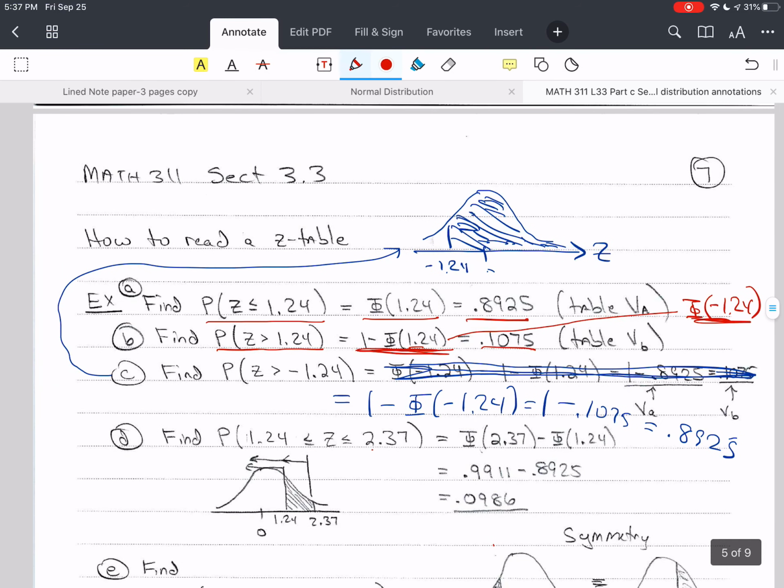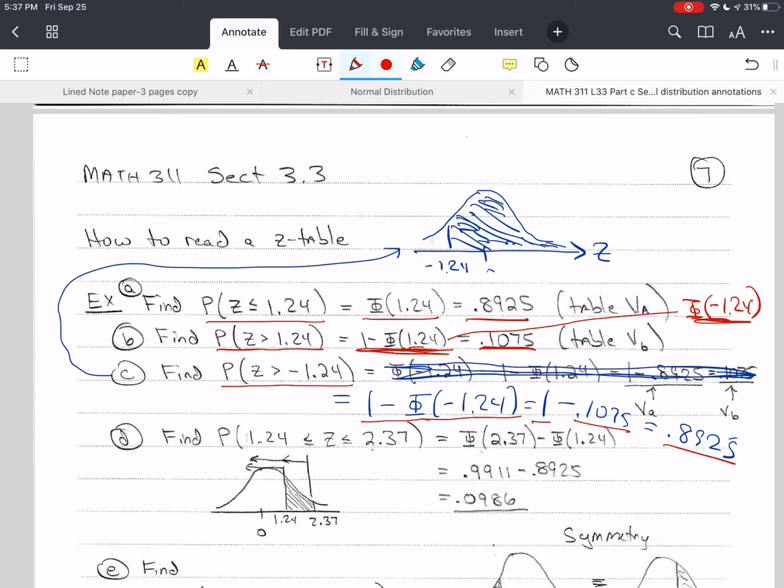0.1075. And then I made a mistake here, so I want to find the probability that z is greater than negative 1.24. I can write that as 1 minus phi of negative 1.24, which I looked up right here, so 1 minus 0.1075 gives me 0.8925.